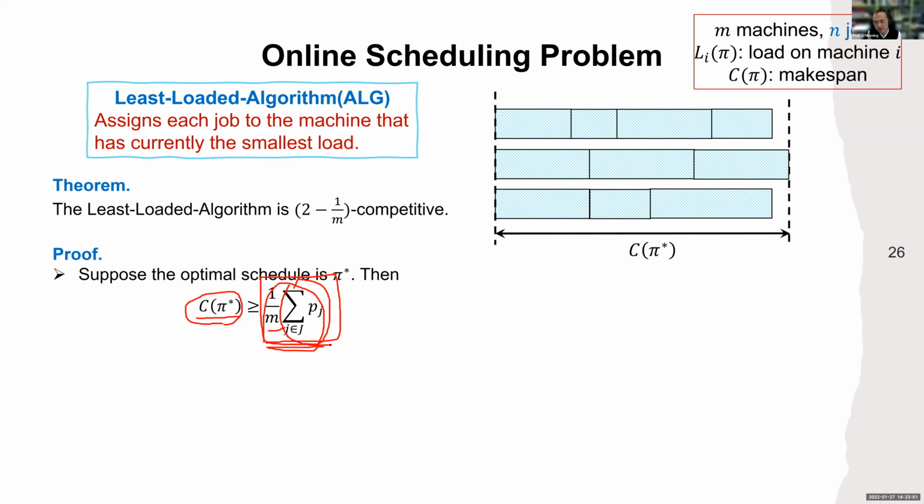You can split jobs, and the best you can do is still only the summation of processing times over the number of machines. Your actual optimal can never beat this bound, because it has even more restriction: it cannot split. Okay, so this is one bound.